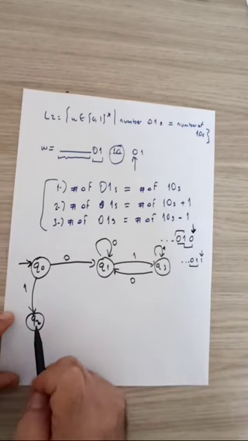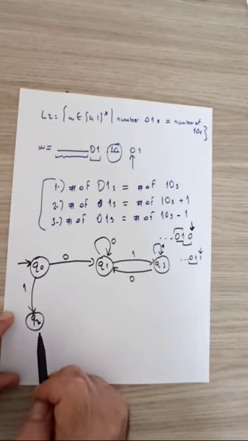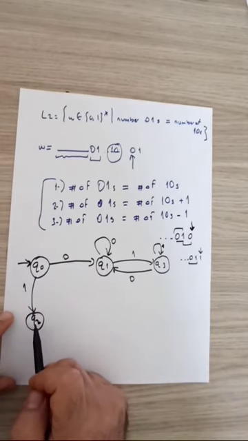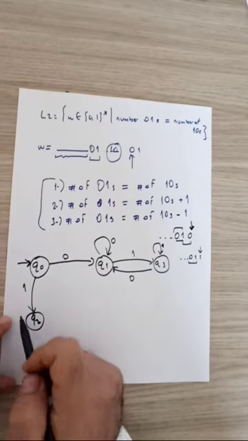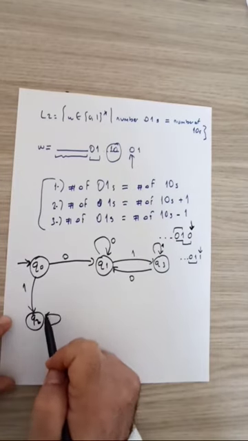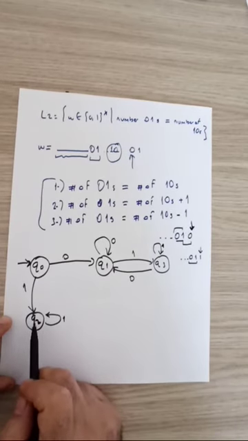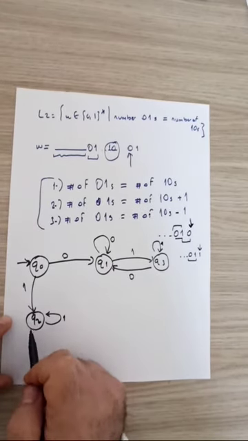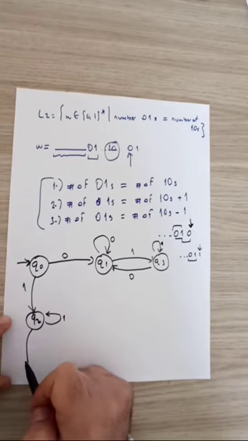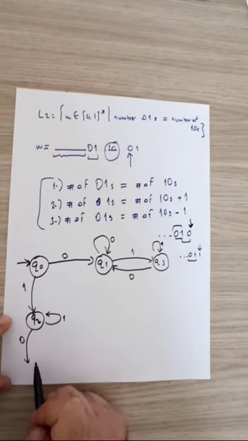Okay. We should do symmetrical transitions on Q2 as well. So on Q2, if we encounter a 1, we should loop, because the number of 0s and 1s is equal, and the string ends with a 1. If we encounter a 0, we should transition into a new state.